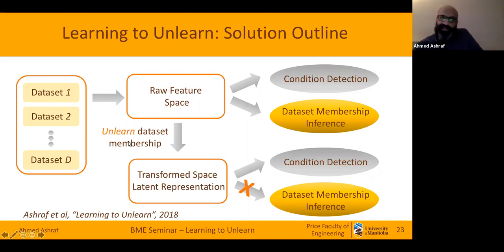I'm going to call that unlearning the dataset membership. In this transformed space, or latent representation, it should be very difficult to make this inference now. You should not be able to tell dataset membership, but at the same time, you should still be able to do classification or whatever task you're interested in. Okay. So that's the general solution outline.